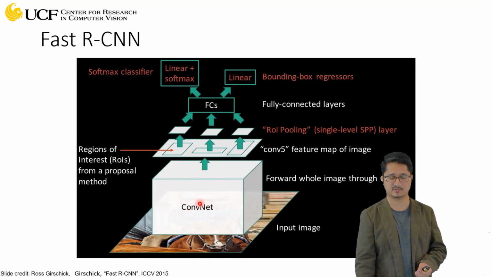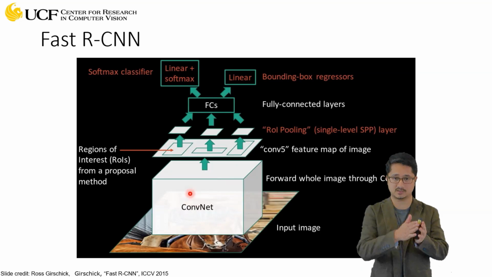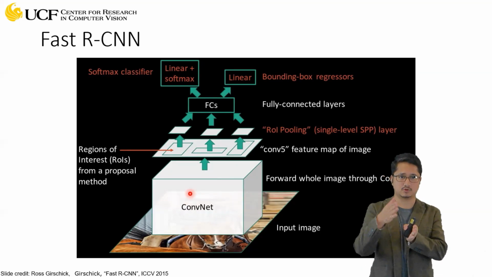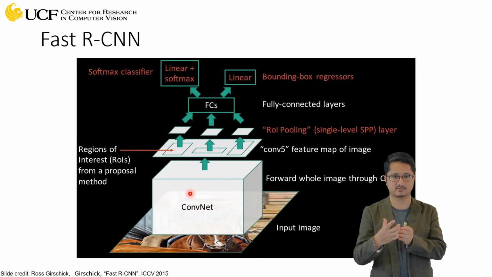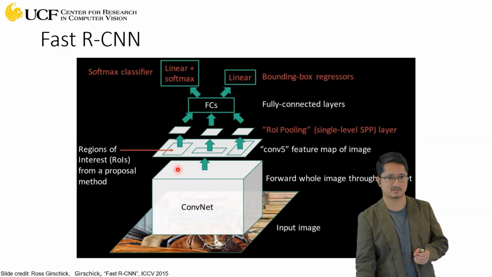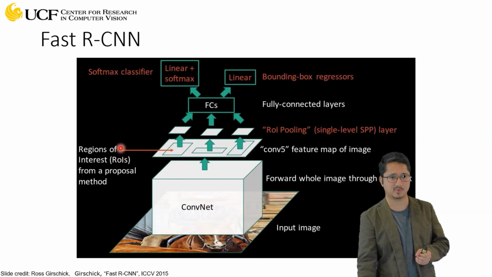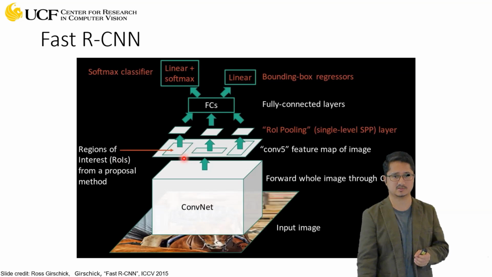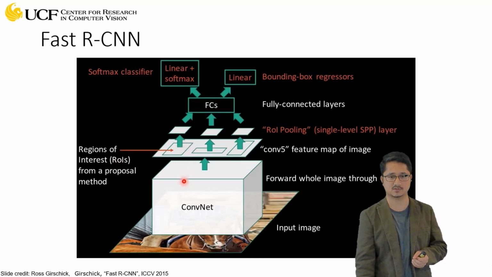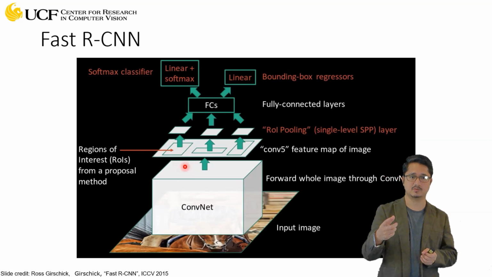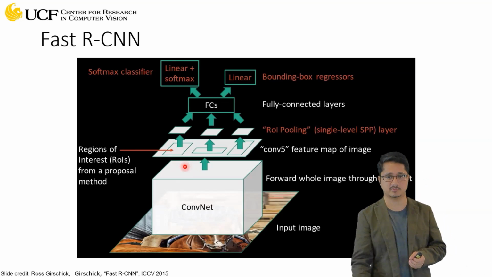Let's say this is your feature activation map. So these are already your features. Since your CNN can preserve the spatial structure, you can apply these regions of interest, or some kind of region proposals, on these activation maps. And instead of reshaping your input image, you reshape these features.